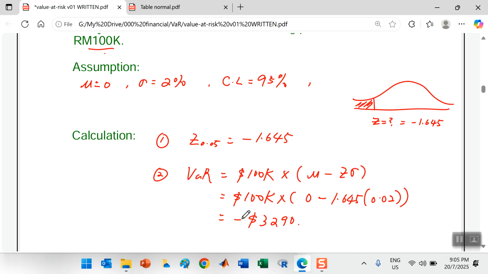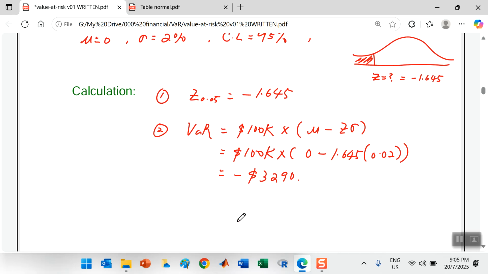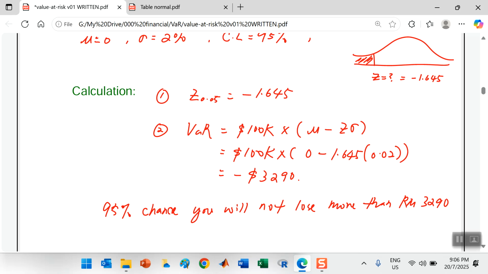So the risk is a loss. You can say that there is a 95% chance you will not lose more than this amount, $3,290, in a single day.